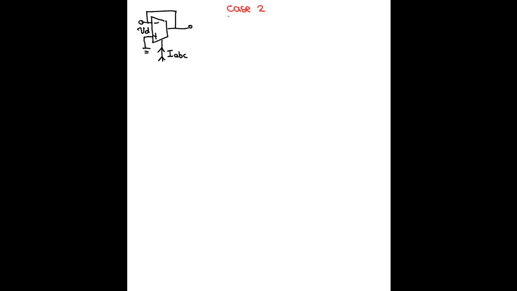Now we are doing the second case, so, still DC analysis, but now IABC, or the bias current, is going to infinity. Now you apply a voltage at V minus, just like we did before, and it's still a step.